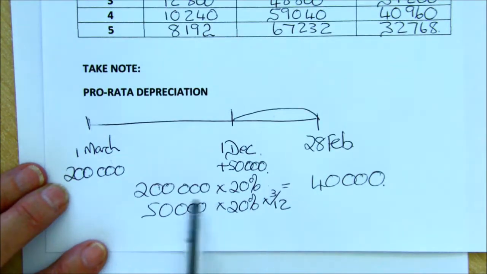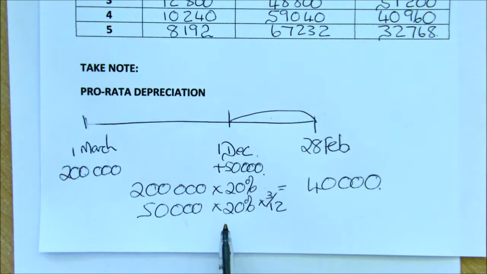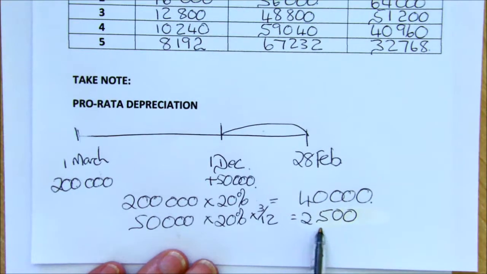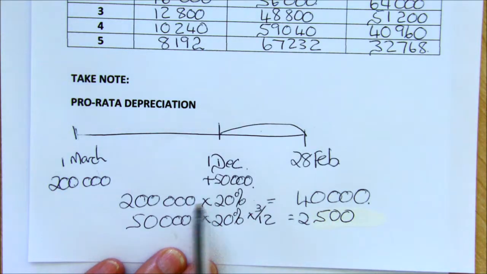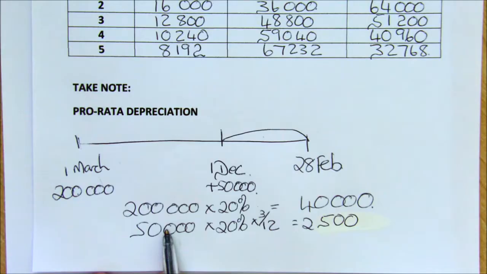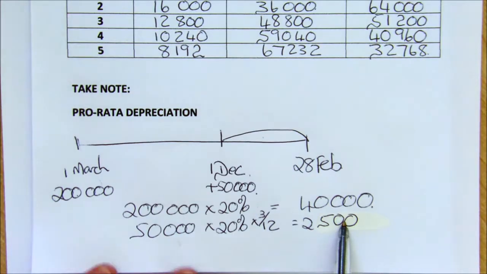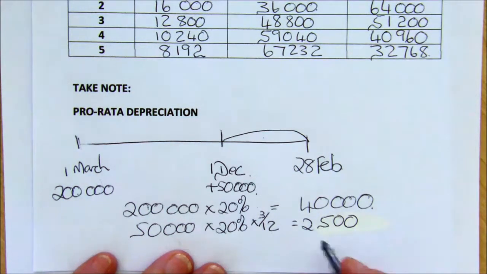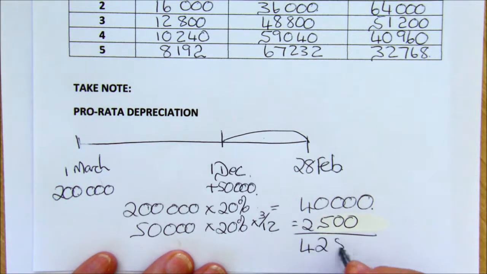So it would come out with your depreciation over here at an amount of 2,500, because you work out 20%, which will be 10,000, but that's for the whole year. You'd have to divide it by 12, because it's 12 months in a year, times 3, and your depreciation would be 2,500. And so your total depreciation would be 42,500.